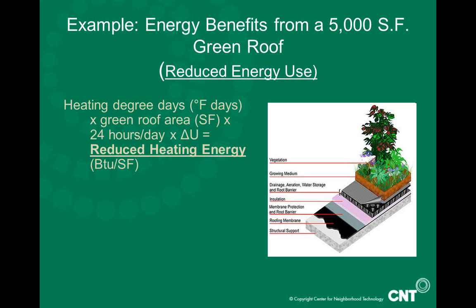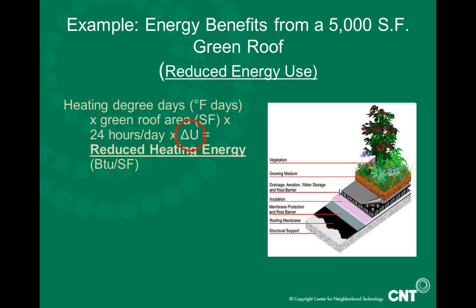But the calculation that was put together here involves using the heating degree days of your locality, the green roof area, in this case the 5,000 square feet, other elements or factors in the mathematical equation, and in particular we want to focus on the difference here, and I'll explain what this is. It's going to be the difference between the conventional roof without the green roof, and the conventional roof with the green roof added.